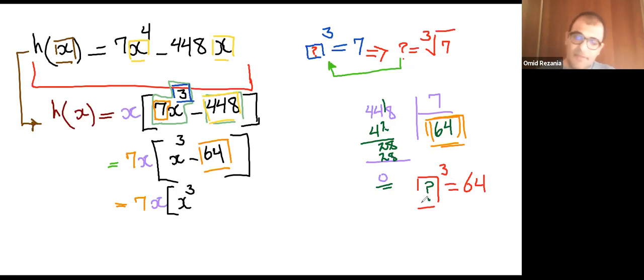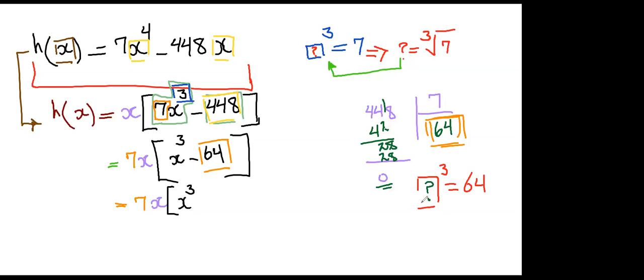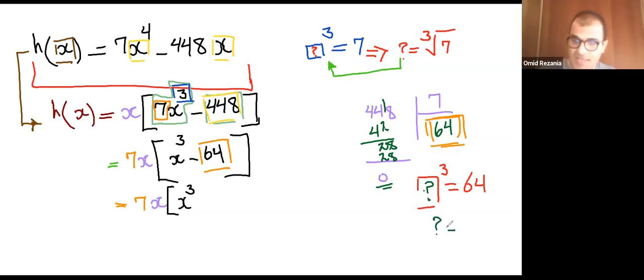Is there any number that reaches 64 at the power 3? Yes. What is that number? 4. That's so true. Thanks. That number is going to be 4. It means that I can simply come here and write 4 to the power 3.